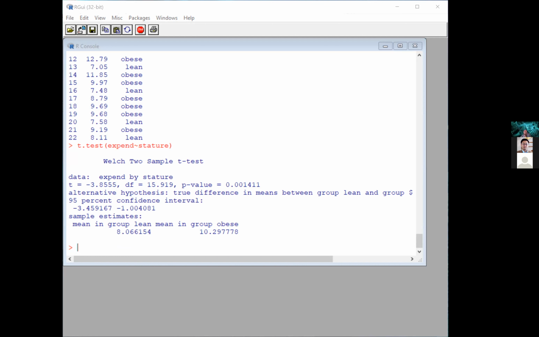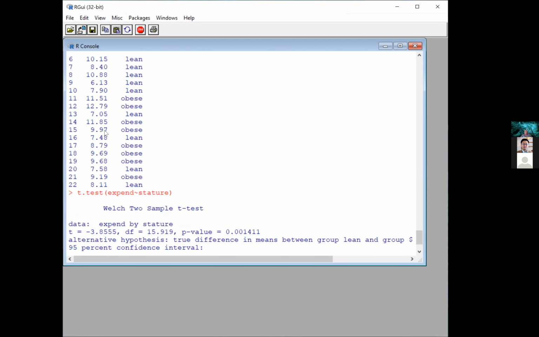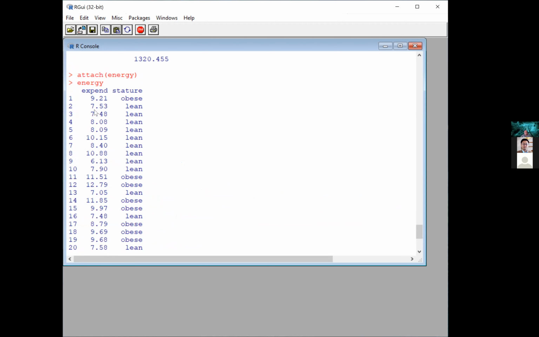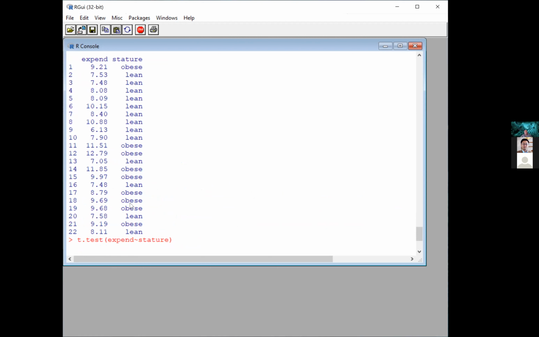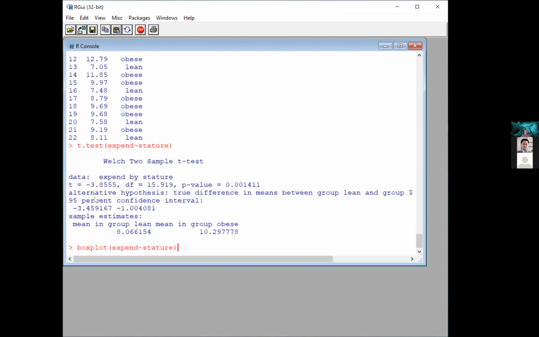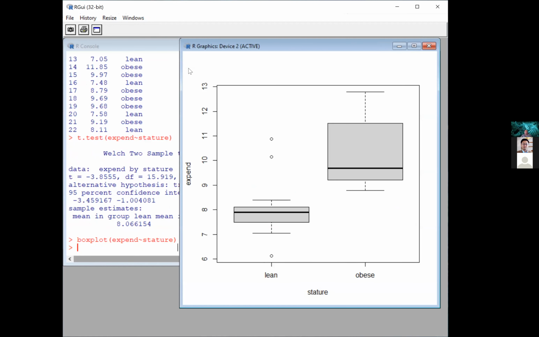Now remember I said we're gonna do a box plot comparing the two variables. So all I'm doing is plotting expenditure and stature. Expenditure being this column. Stature is if you're lean or obese. Voila.